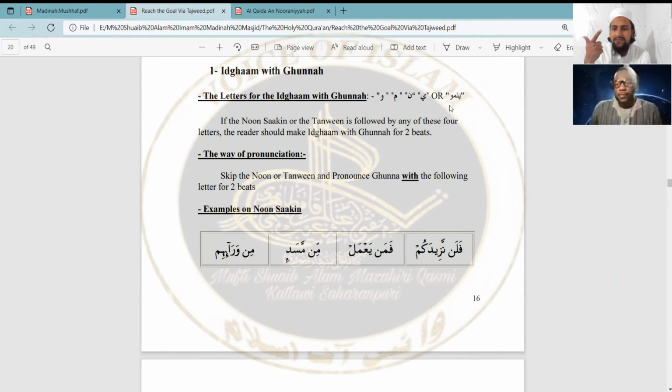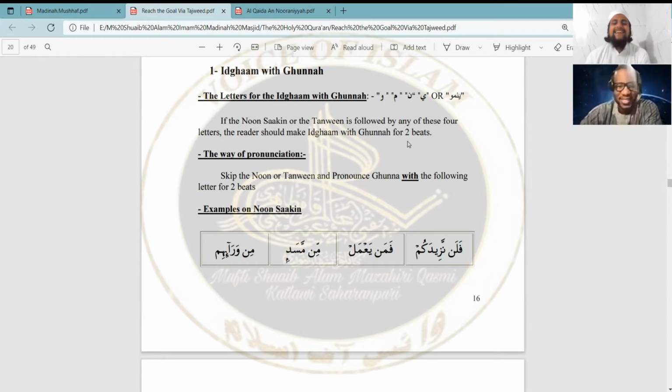We did not select lam or ra. Now see the rule: if the noon sakin or the tanween is followed by any of these 4 letters, the reader should make idgham with gunna for 2 beats.